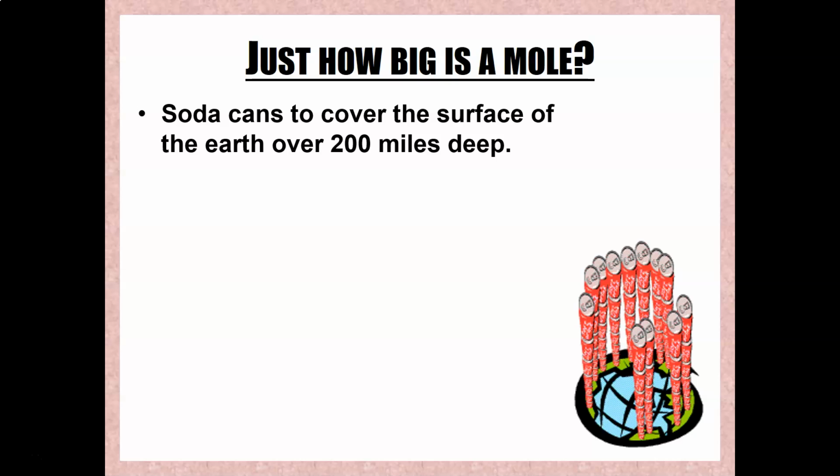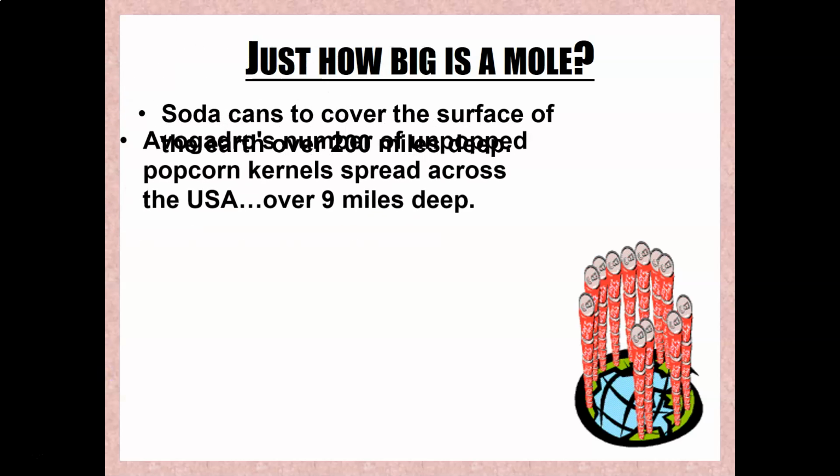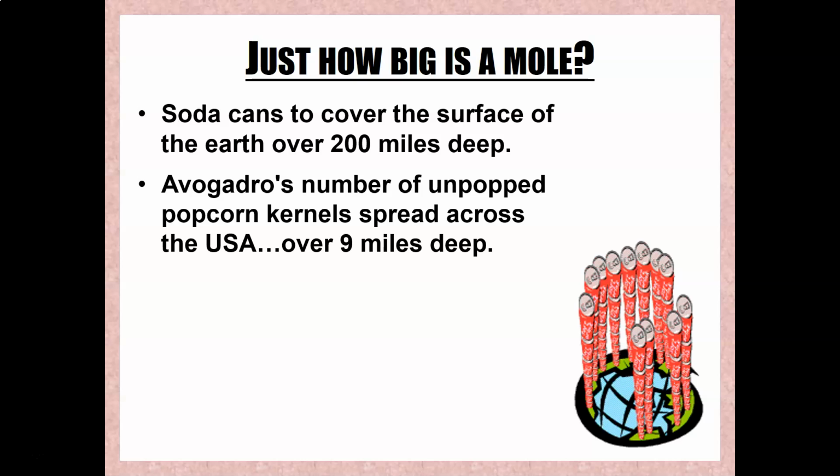That's how many soda cans you would have. Instead, let's use something smaller. If you had unpopped popcorn kernels spread over the entire United States, little teeny tiny popcorn kernels, unpopped, it would still be 9 miles deep. That's how big that number is.